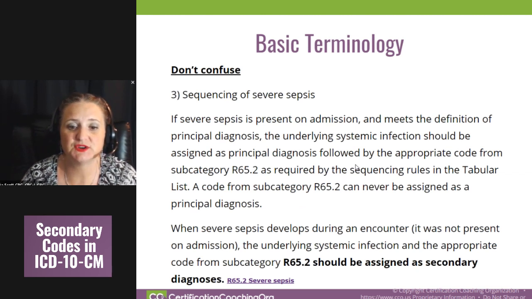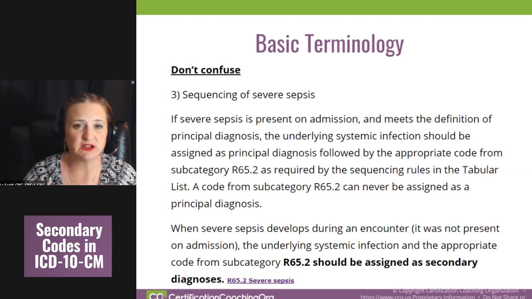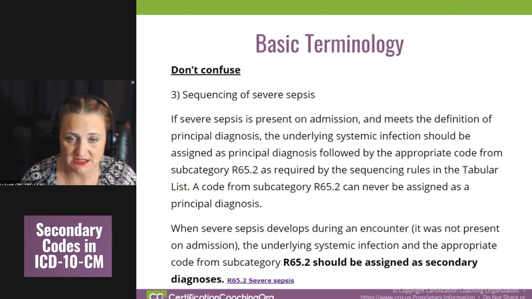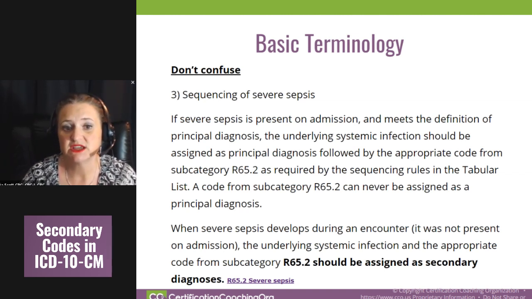There's another reason for secondary codes that pop up for sequencing severe sepsis. Now, we've done a lot of training on sepsis coding and severe sepsis coding. Ultimately, it breaks it down. You can have sepsis, but when it turns into severe sepsis, you start having dysfunction of organ systems shutting down.